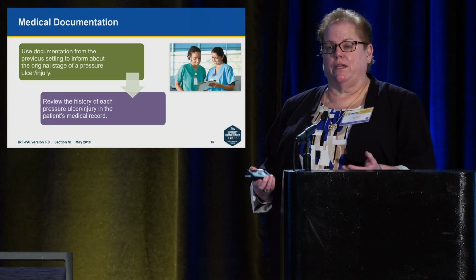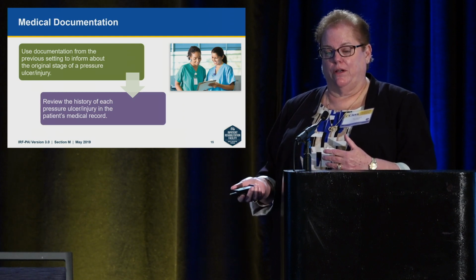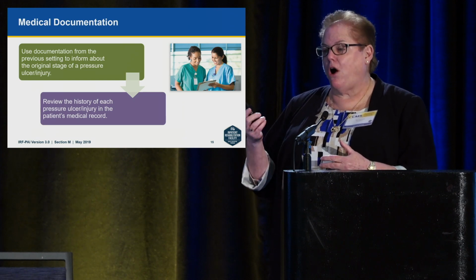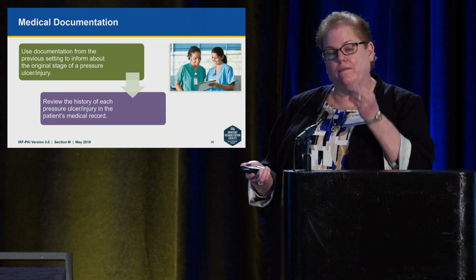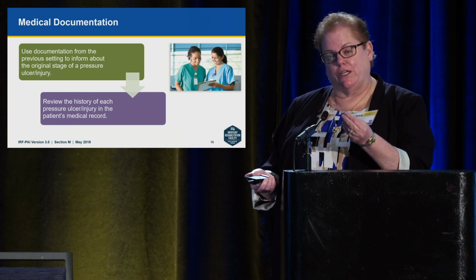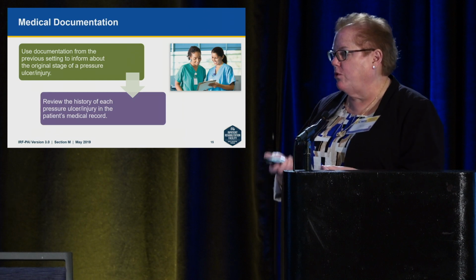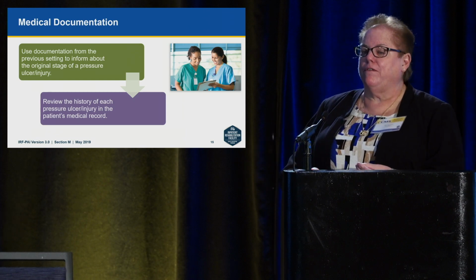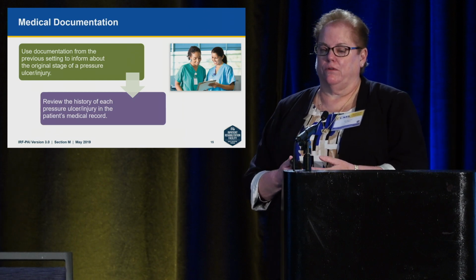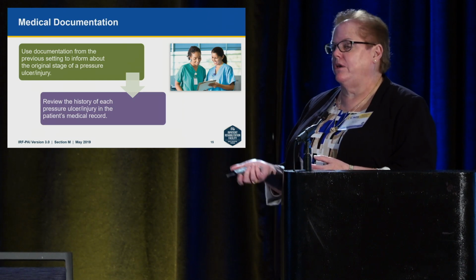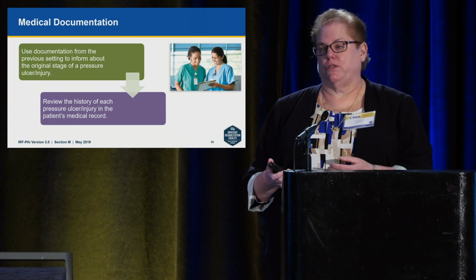So would you code that as a stage 3 or a stage 4? If you know that it's a stage 4, we don't reverse stage, right? It always will be a stage 4, even though what you're visualizing looks like a stage 3, because you know from the previous setting that it was a stage 4, that was its worst, and it will stay a stage 4 until it is closed and healed. So that's an important piece to make sure that you're communicating and educating with your staff.